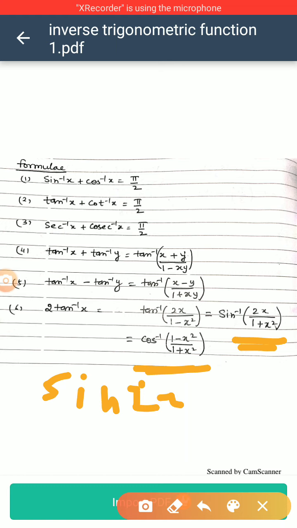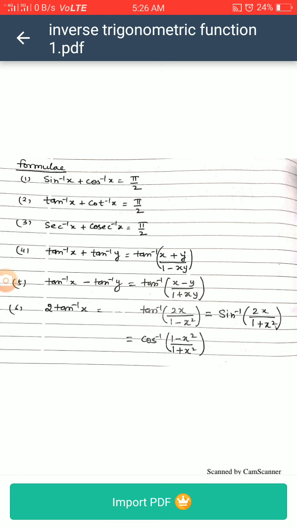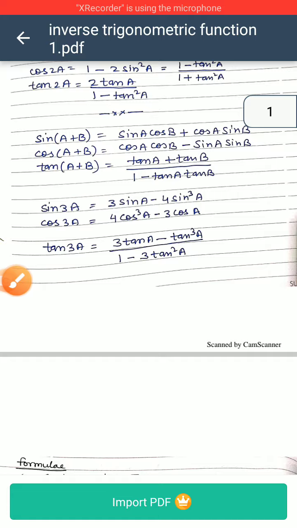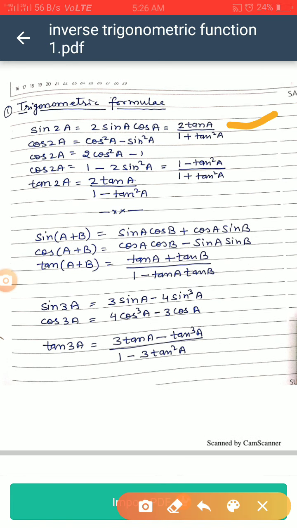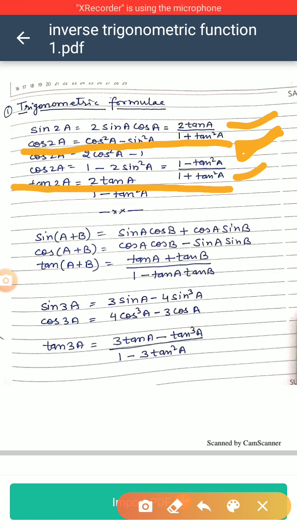You will use 2 tan a upon 1 plus tan square a, put tan a equal to x, and you can solve. Similarly for cos, you will use the formula cos 2a equal to 1 minus tan square a upon 1 plus tan square a, and here also you put tan a equal to x, and you can solve these two also.